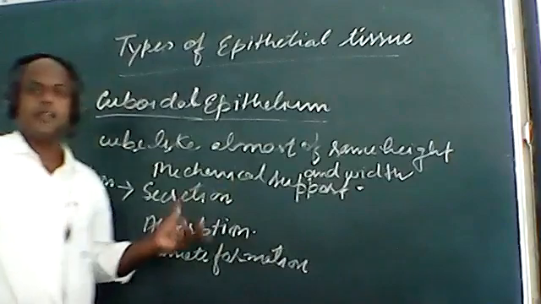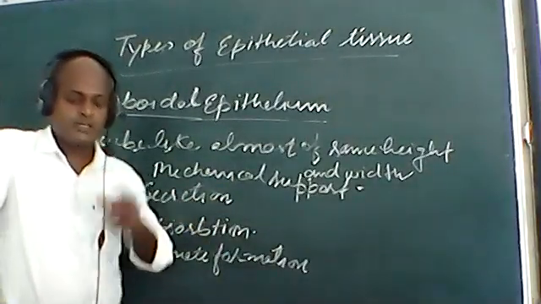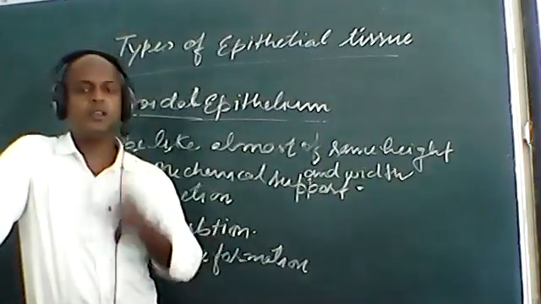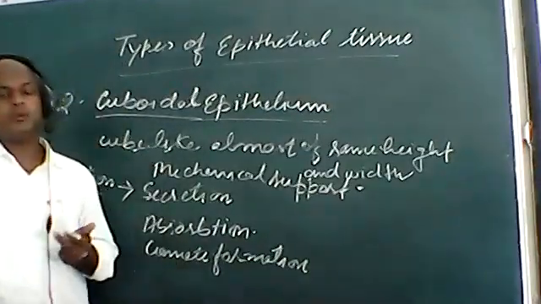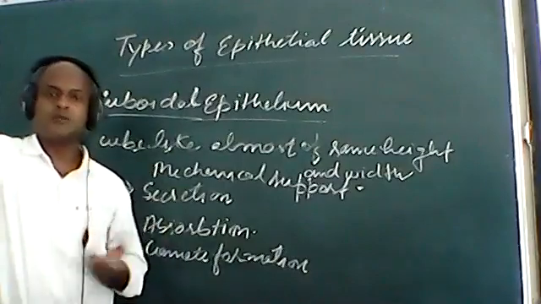So we can say that this cuboidal epithelium is present in the uriniferous tubules of the excretory system, where it absorbs the waste product from the blood and helps in the elimination of that waste product, or it is helpful in the excretion of waste product.